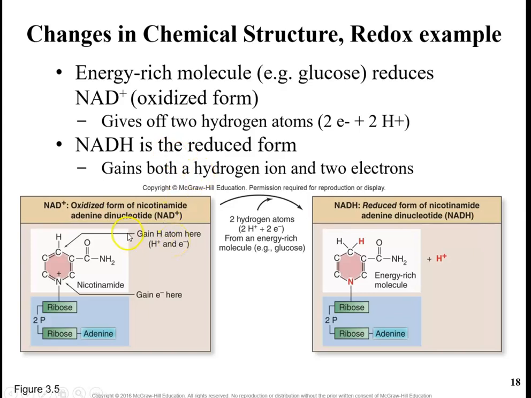Okay, so it gains an electron and a hydrogen ion here, and then you're left with NADH plus a hydrogen ion.